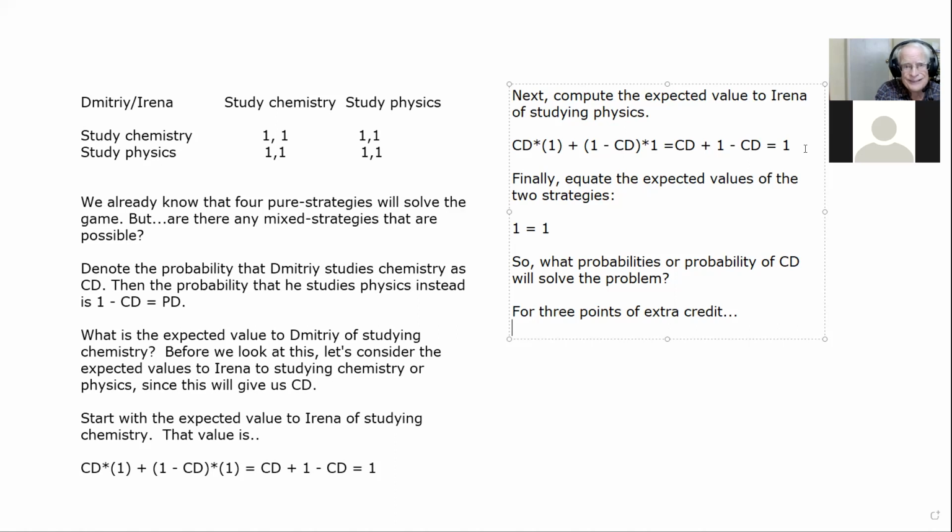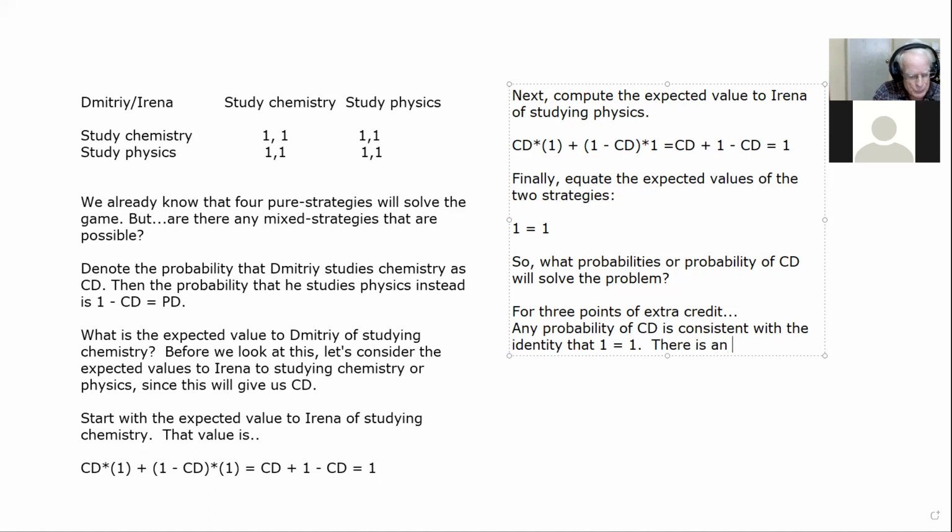Any ideas? Any probability of CD is consistent with a solution that 1 equals 1.